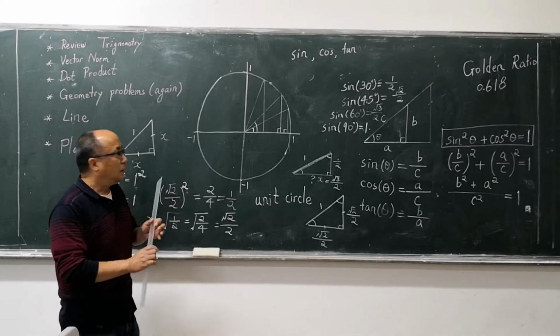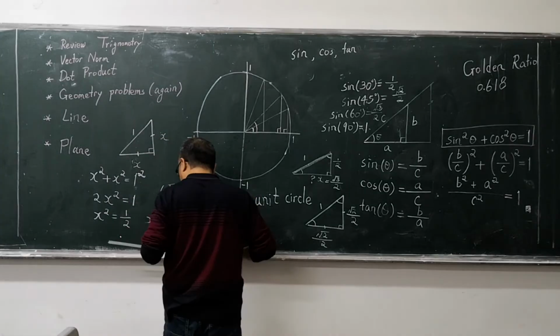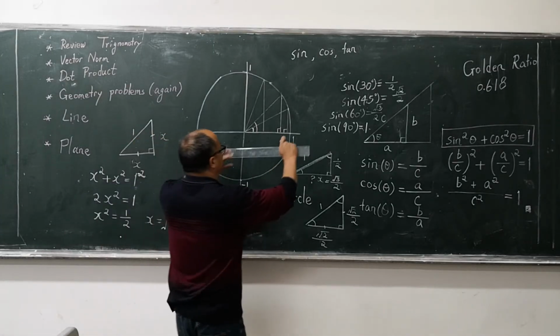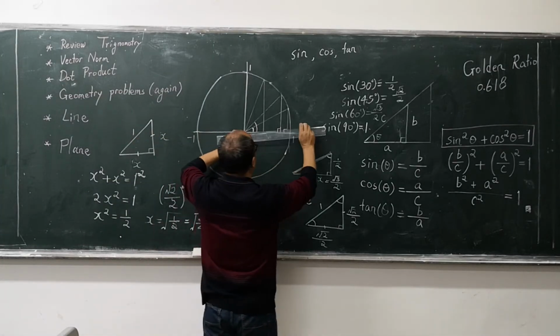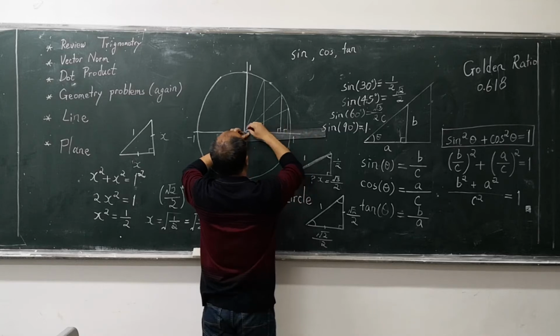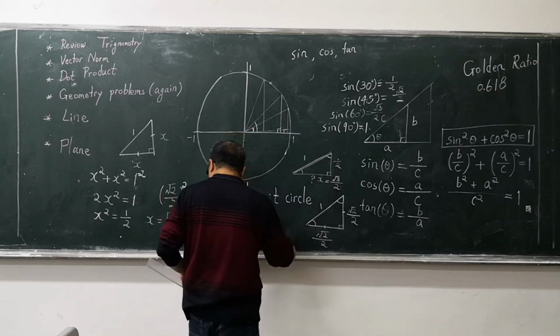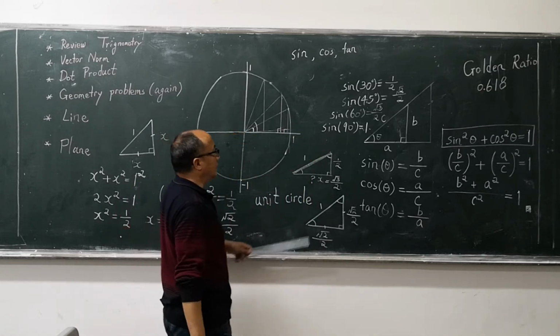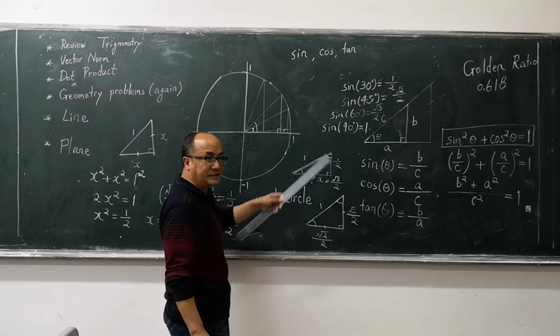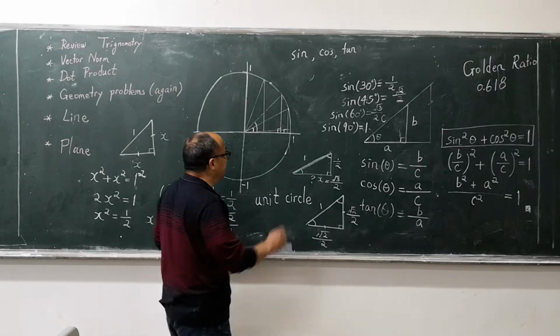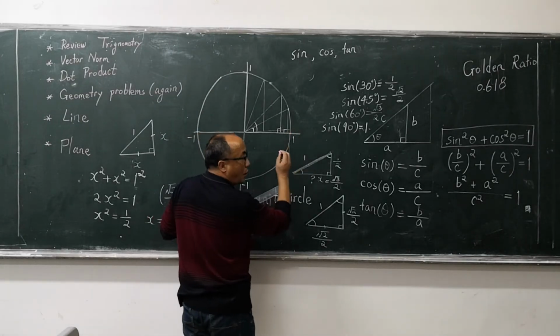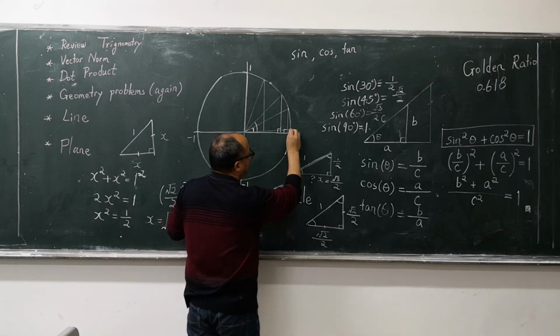Now, if I'm a very small angle, guys, very small angle. Let's say sine 0.1 degree. Where is that? What's the value? Is it here?